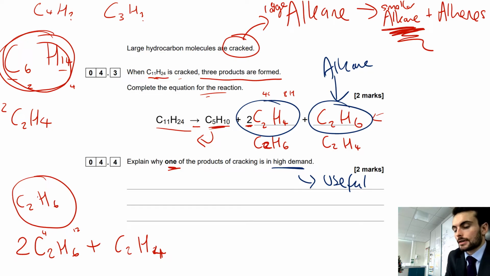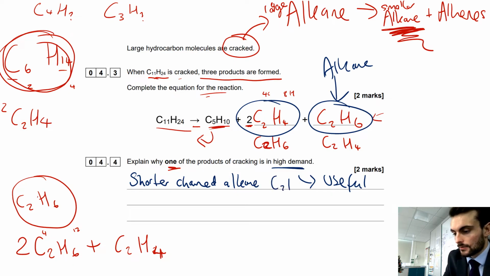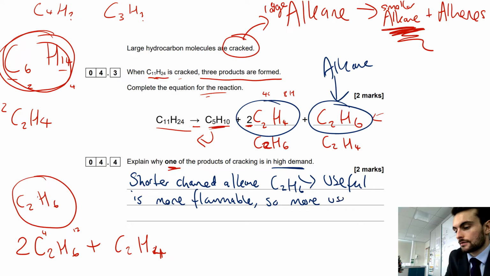Short chain alkanes are very useful for fuels, so we can focus on that one. So C2H6, why is it more useful as a fuel? It is because it's more flammable, so more useful as a fuel.